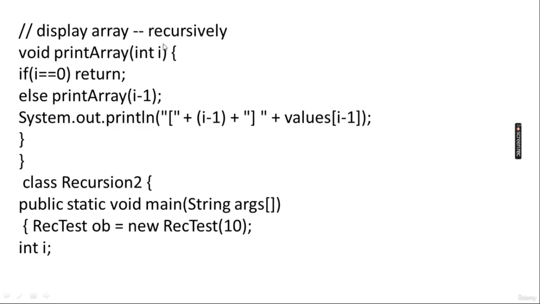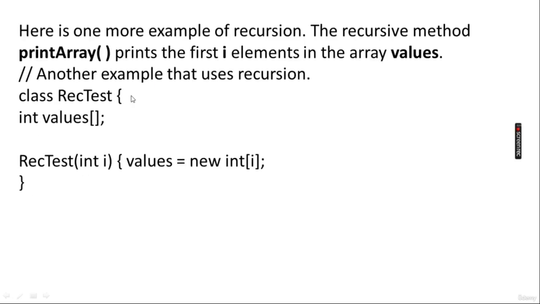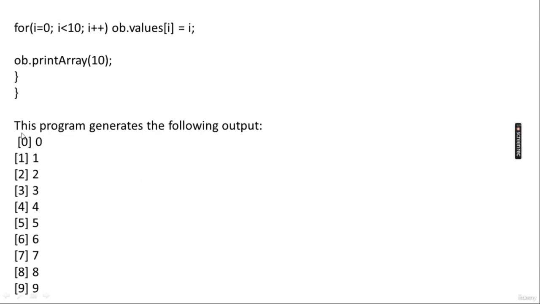I pass 10 here, so 10 minus 1 is 9, 9 minus 1 is 8, 7, 6, 5, 4, 3, 2, and 1. And then 0 is written. So array of 0 is 0, array of 1 is 1, array of 2 is 2, and this way all these values are printed.